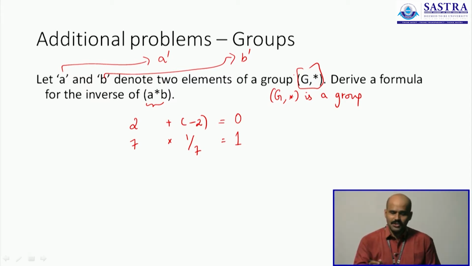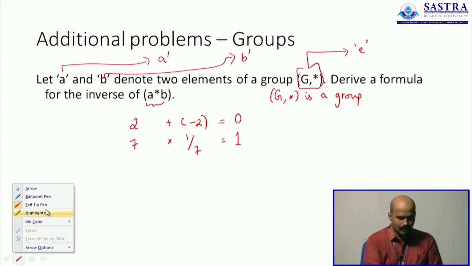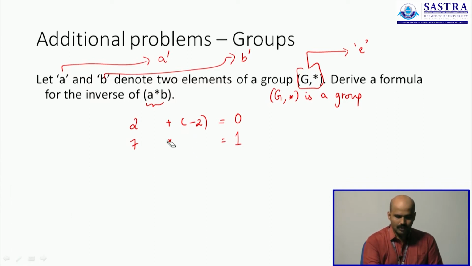If we are dealing with a general description, let's fix the identity element as E. So we'll start with this general statement that E is the identity element of the given group that we are considering. We are not starting with examples.